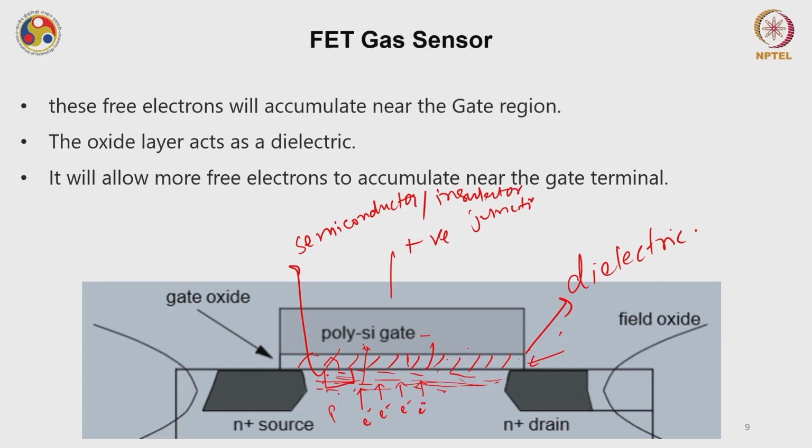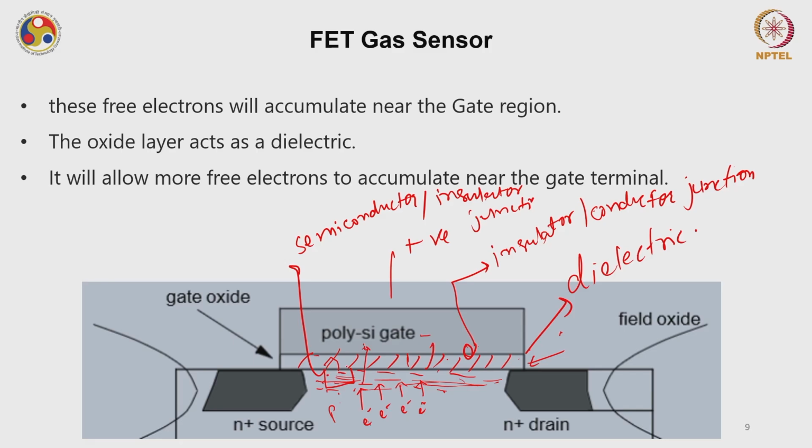And this area is an insulator-conductor junction, right? So you have two different junctions over here.